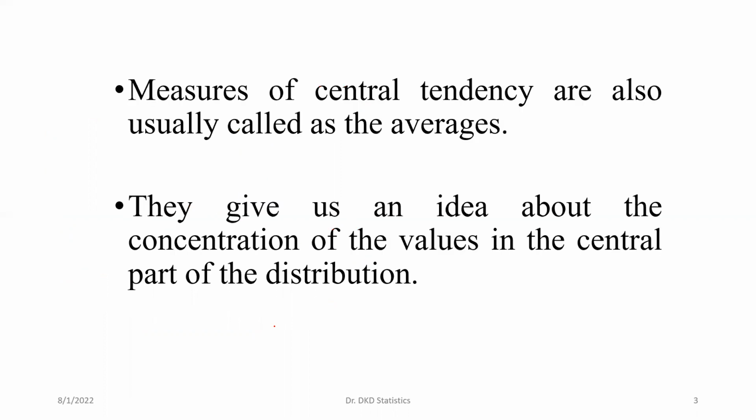Now, what is central tendency? Measures of central tendency are also called averages, and they give us an idea about the concentration of the values in the central part of the distribution. So these are the basic meanings of central tendency.